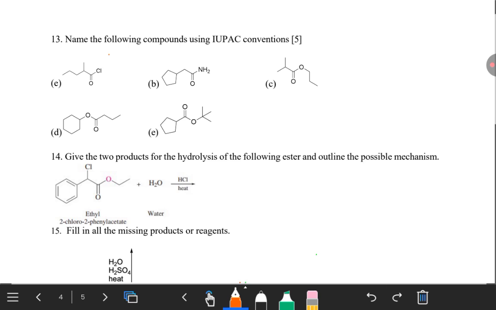Then we have an ester. Then we have this cyclo. So we are going to call it cyclo. We are doing part C. Okay. So part C, we are calling it cyclohexyl.